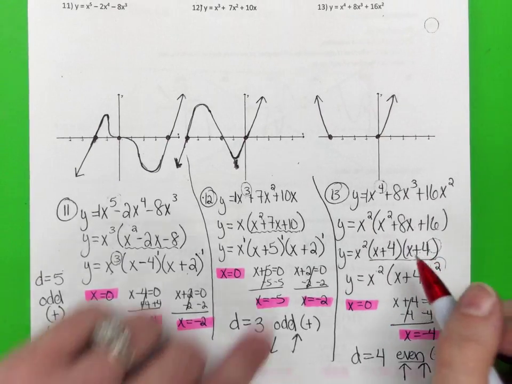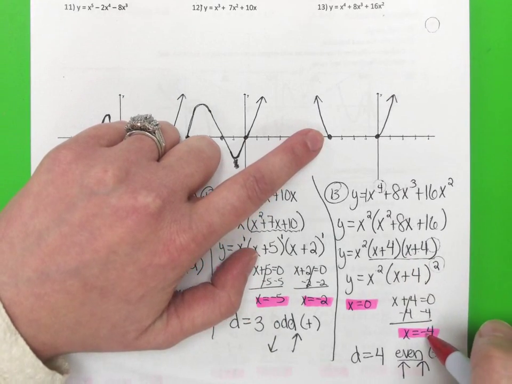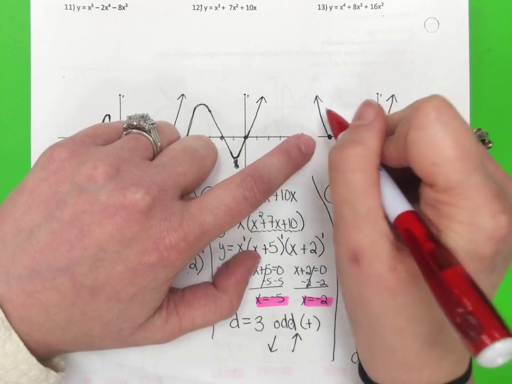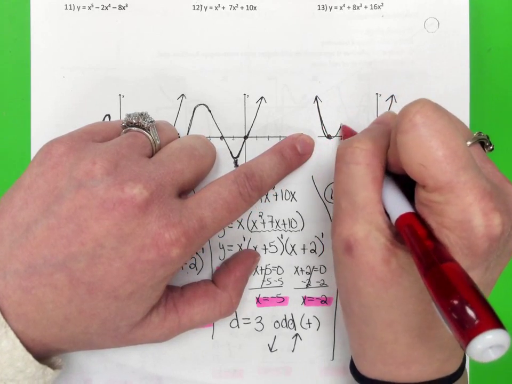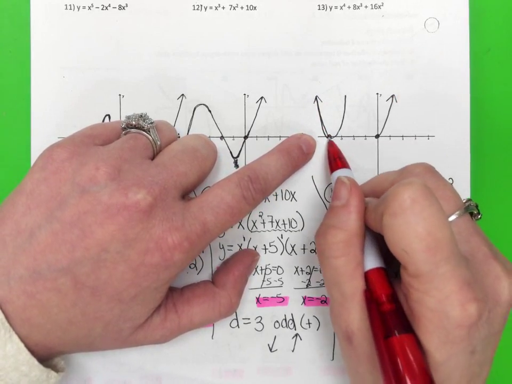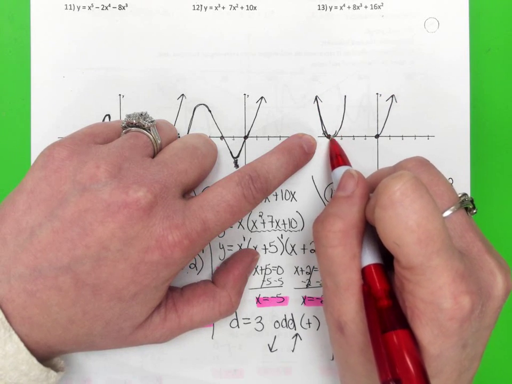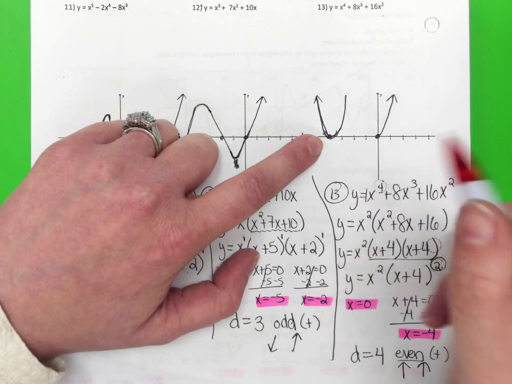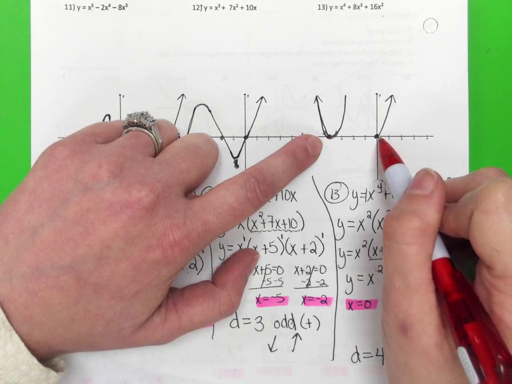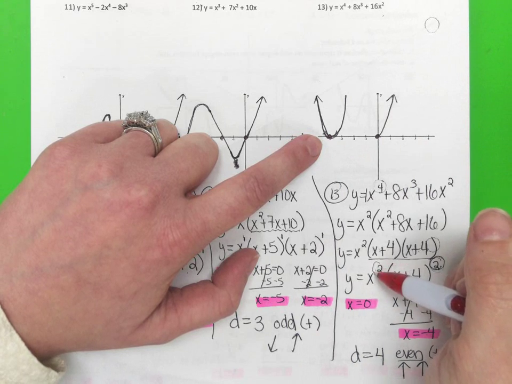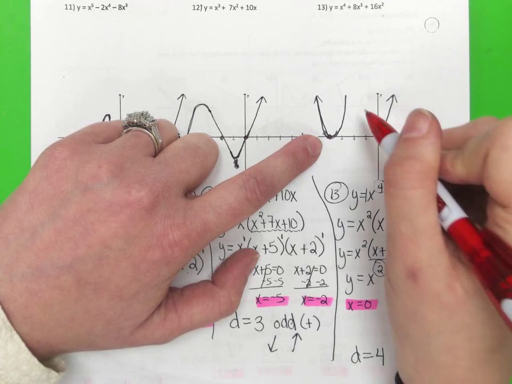Alright, here we go. Go in the order of the graph. Negative 4 had an exponent of 2, and an exponent of 2 means it's going to be a parabola. So do the best you can to make it look like a U. Do not let it go below that point. It stops right there. That point is your vertex. At 0, you know it's got to go up. 0 has another exponent of 2, so it's another parabola.